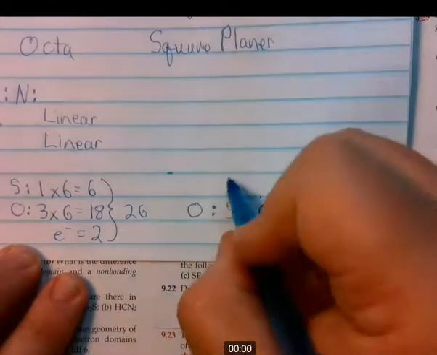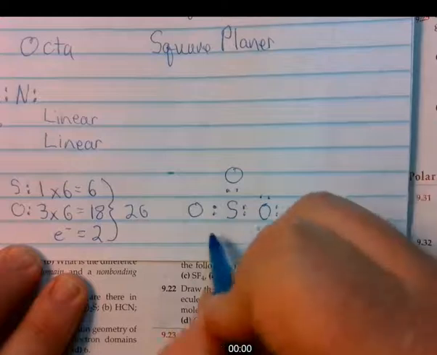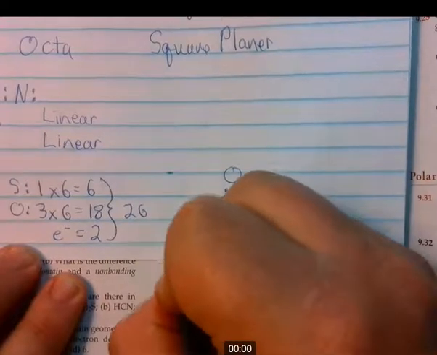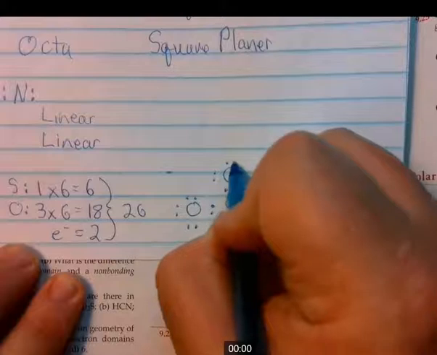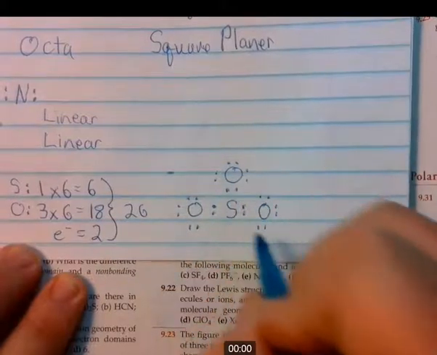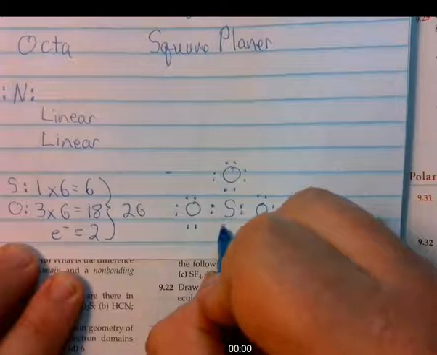Oh, it's SO3, my bad. So let me just put another O up here. So right there, you've used 24 and you need 26, so you just stick them right there.